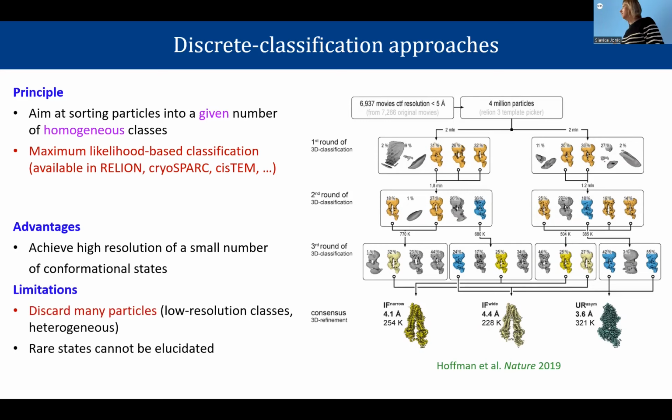They will discard all the particles that do not conform with these high resolution classes, but possibly they are not conforming because these additional particles are different shapes from the majority, which means that also these more rare conformational states will not be elucidated. So they will be hidden in the average, okay?